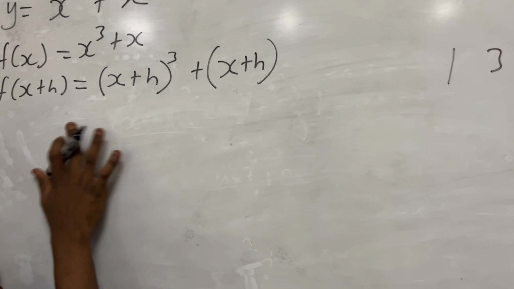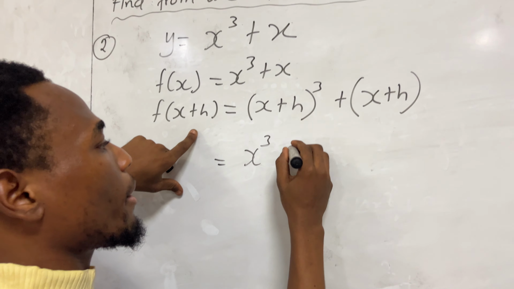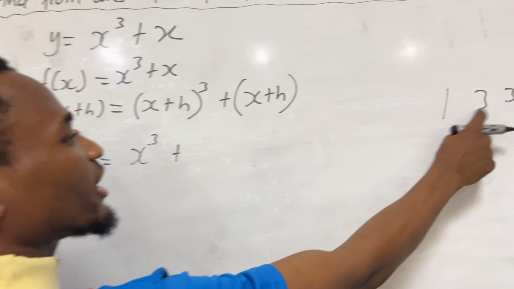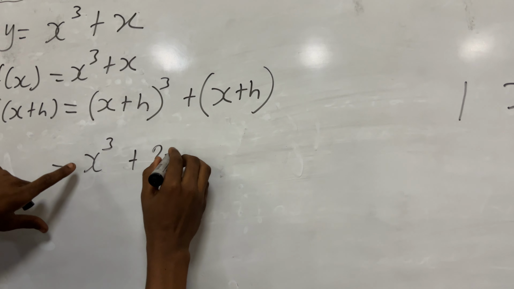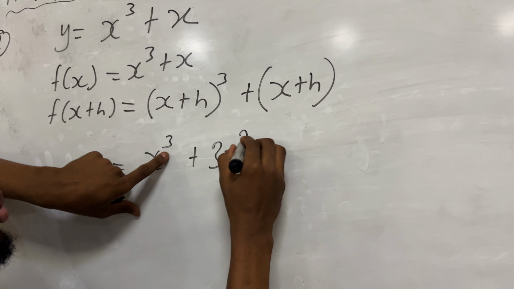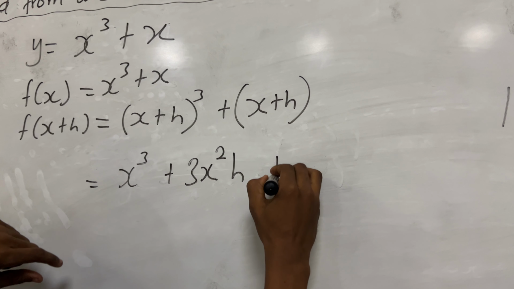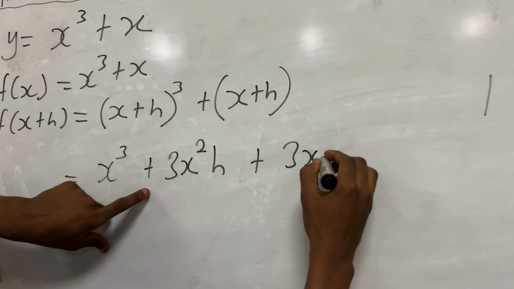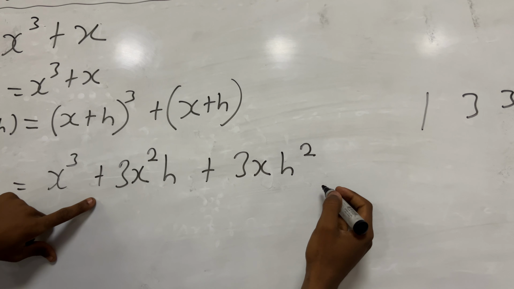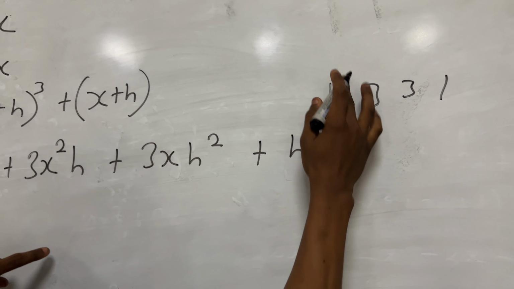So using the Pascal's triangle, I'll get x to the power 3 plus 3, then x, where the power of this x will reduce by 1, so it will be 2, then I have my h. Then plus 3x h squared, then plus h to the power 3.